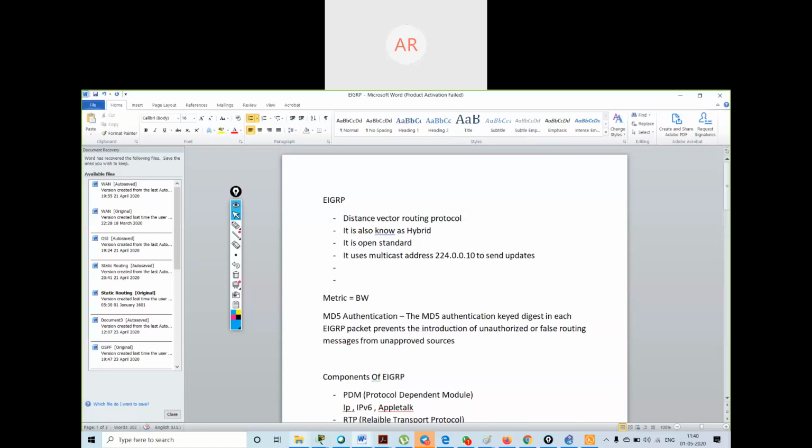Now what can be the next point? It uses IP protocol port number 88. The port number that is being used is 88.